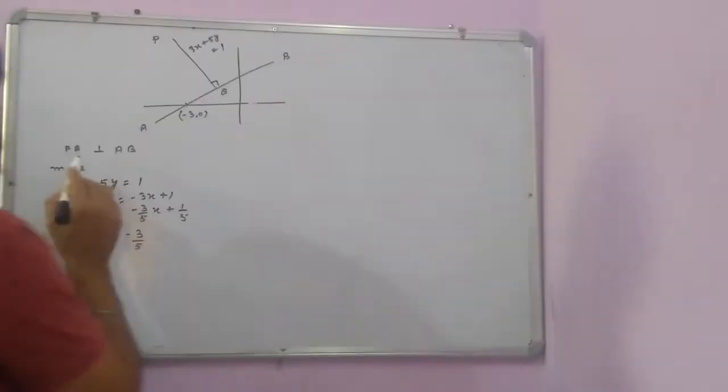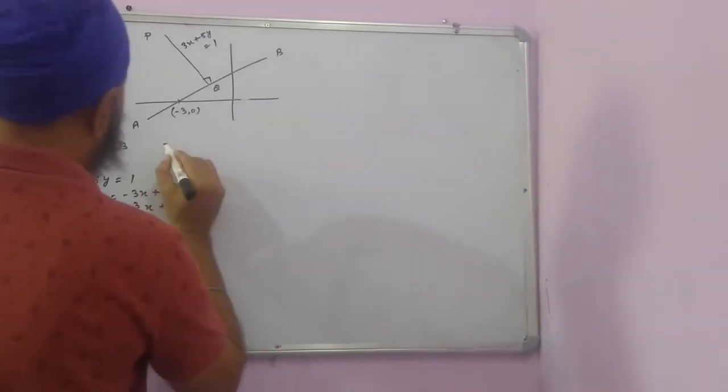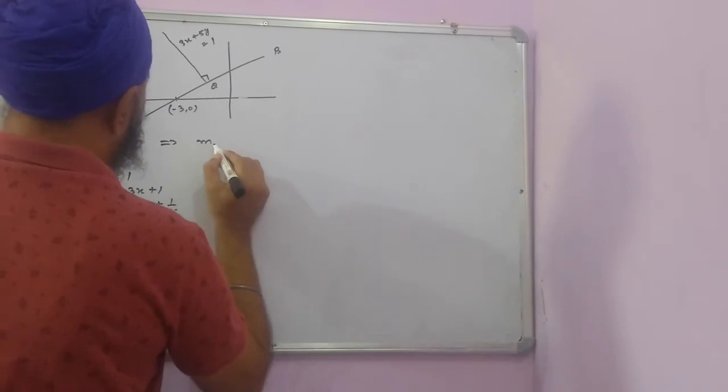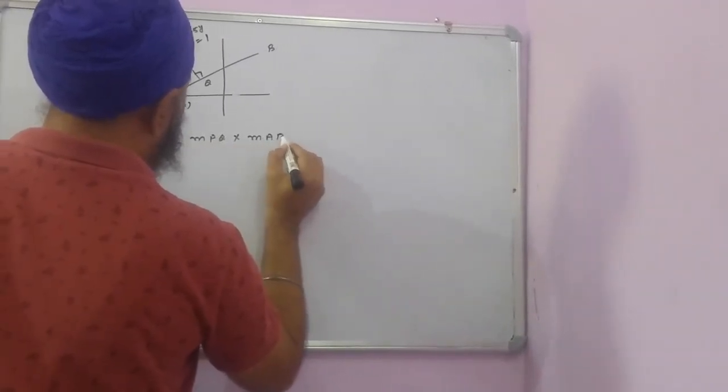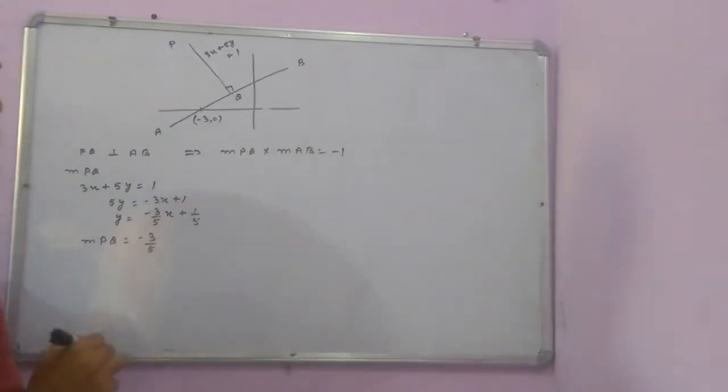Now as PQ is perpendicular to AB, it implies that m PQ into m AB is equal to minus 1.